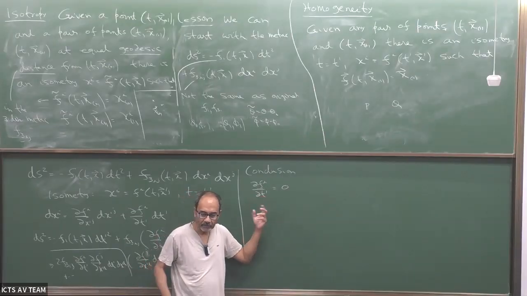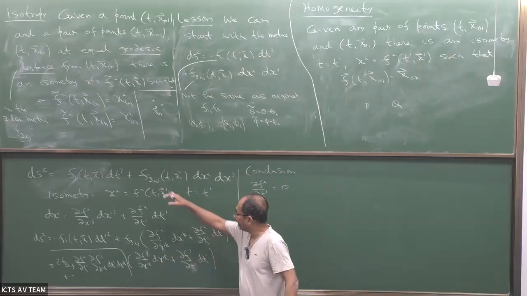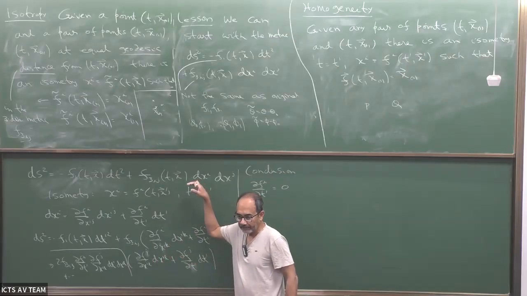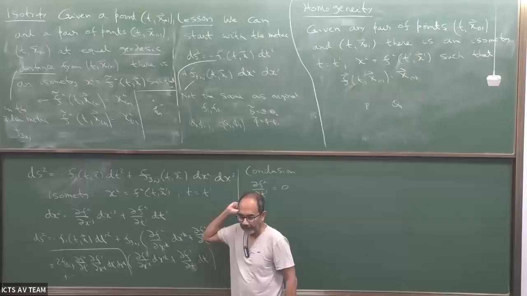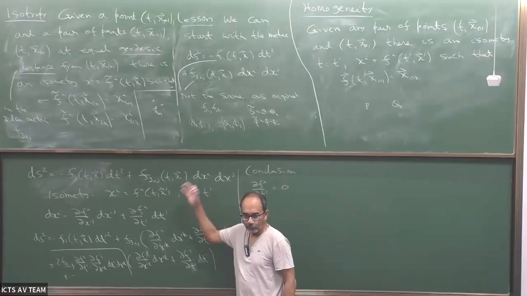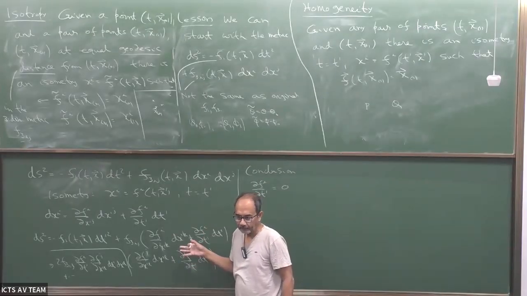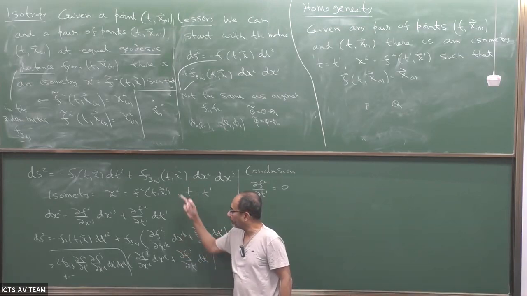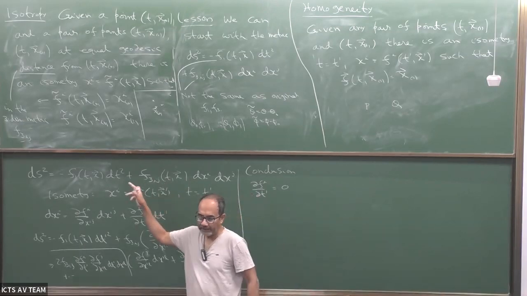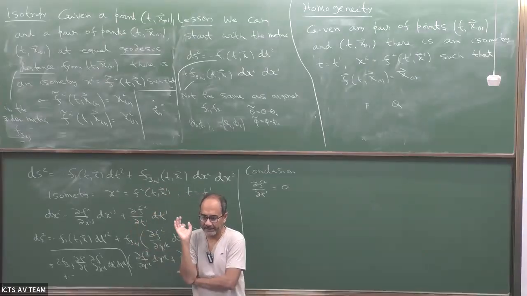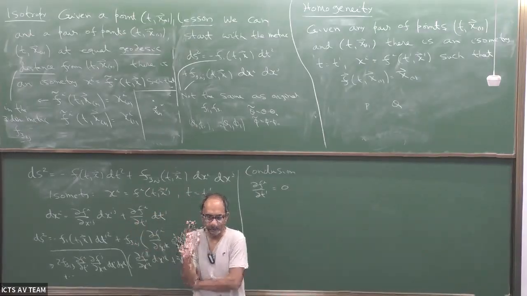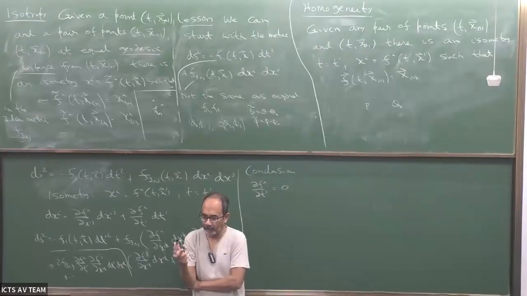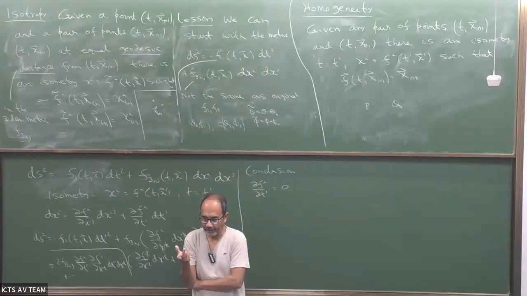Now, if we didn't have this form of the metric, if the original metric itself had a ti component, then you couldn't have made this conclusion. The original metric doesn't have a ti component because, before we even discussed isometries, we had made use of the freedom of coordinate transformation to set the ti component to 0.